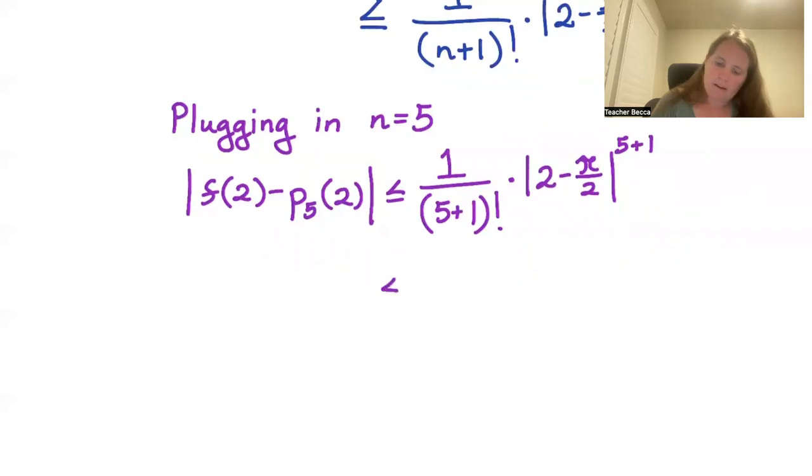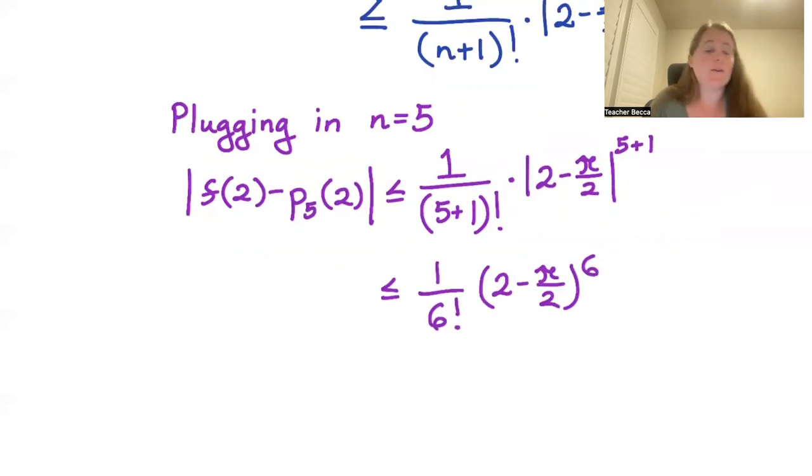So we are looking at 1 over 6 factorial times the absolute value of 2 minus pi over 2 raised to the 6th as our upper error bound. If we plug that into a calculator, we have 1 divided by 6 factorial, times 2 minus pi over 2 raised to the 6th.